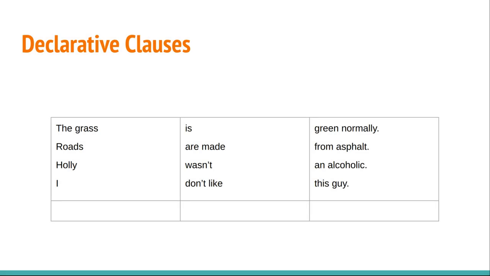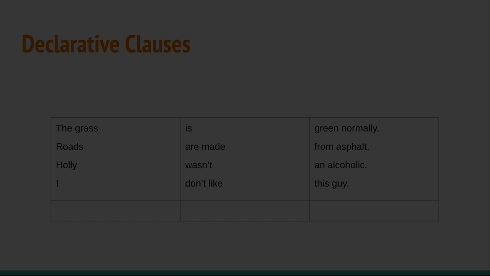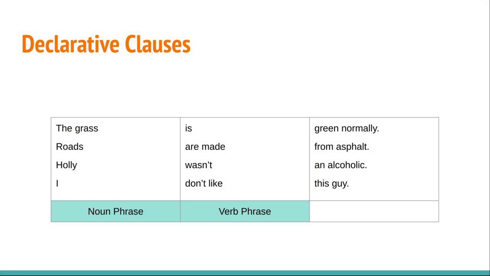So, whenever we have declarative clauses, we say the grass is, roads are made, Holly wasn't, I don't like. So, what we have there, structurally speaking, is a noun phrase followed by a verb phrase. This tells us that my clause is declarative. Okay?